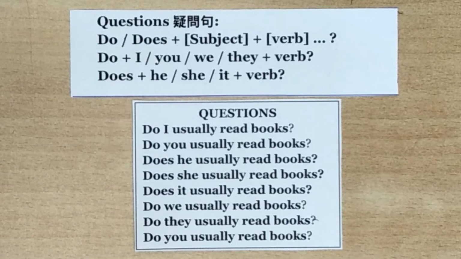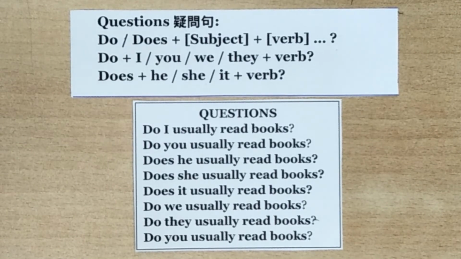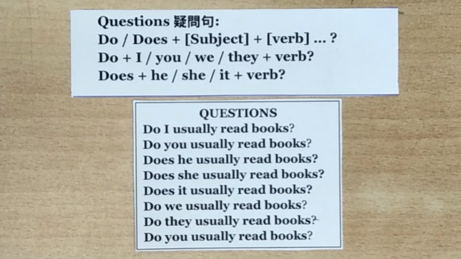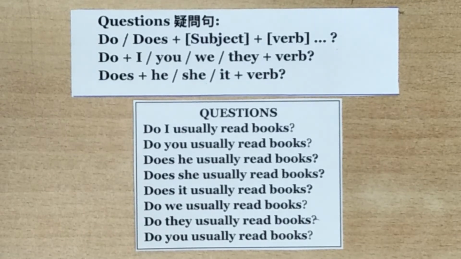Okay, let's make questions. The basic form is do or does plus subject plus verb. For the subjects I, you, we, they, we use do. For the subjects he, she, it, we use does.